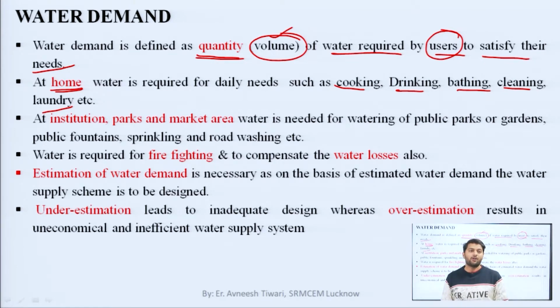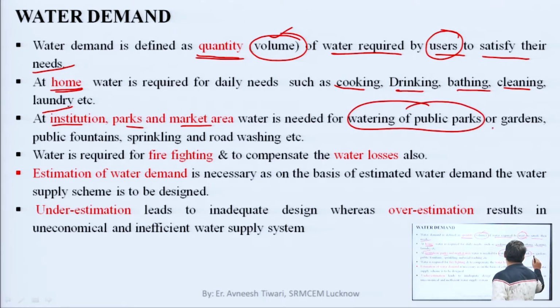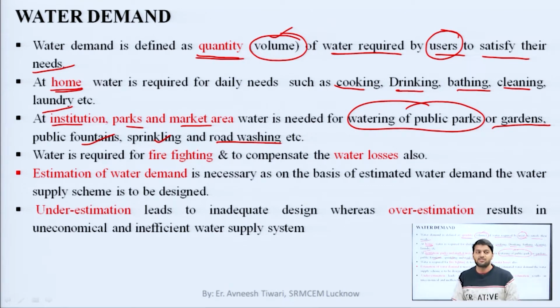We can also call it domestic water demand. In institutions, parks or a market area, for what purpose are we going to consume water? We consume water for watering public parks and gardens, public fountains, sprinkling and road washing. These are the water requirements at an institutional level, in a park or a market area.